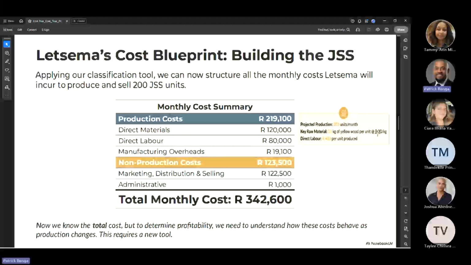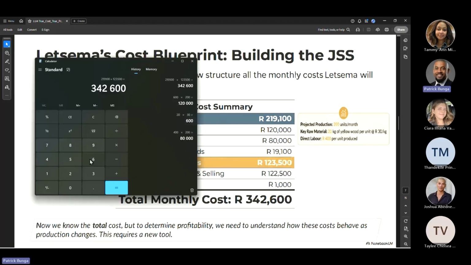But in total, it's going to vary. If we're producing 200 units, this is the total. What if we're producing 400 units? Would it remain the same? What would it be if we're producing 400 units?